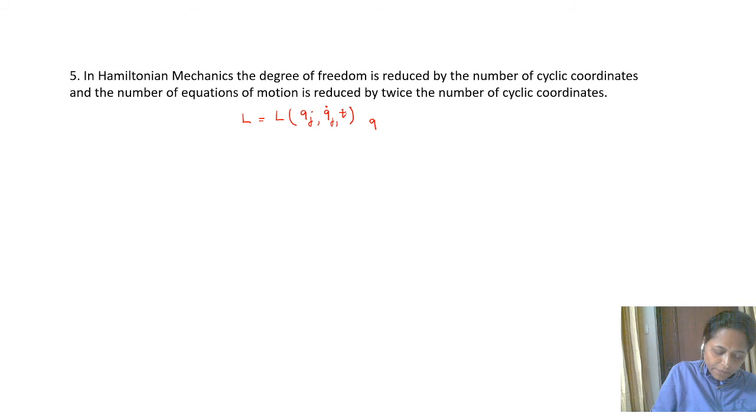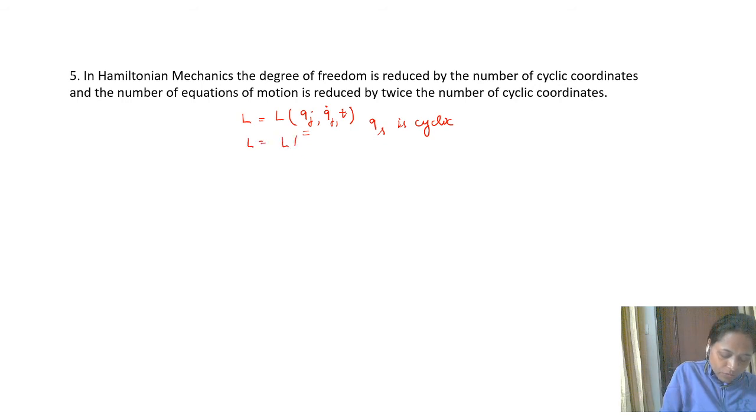Take any one, say that Qs is cyclic. Then it is true that your Qs will not appear here, but your Qs dot will be there. So indirectly Qs is involved there in terms of the rate of change of Qs with time, or you can say the derivative of Qs.